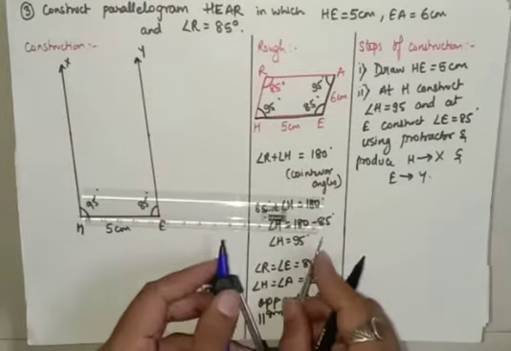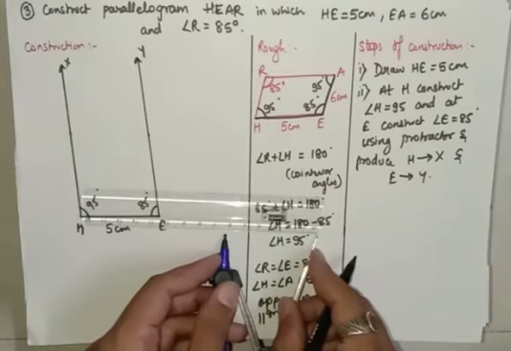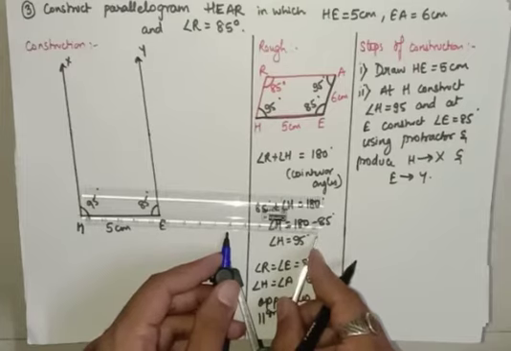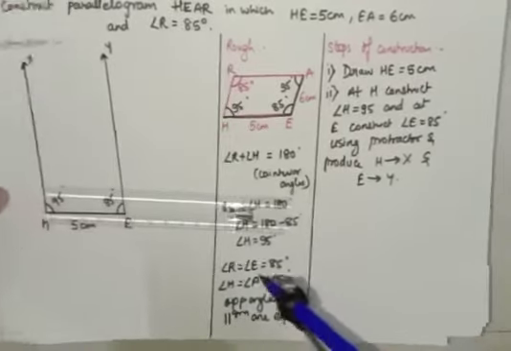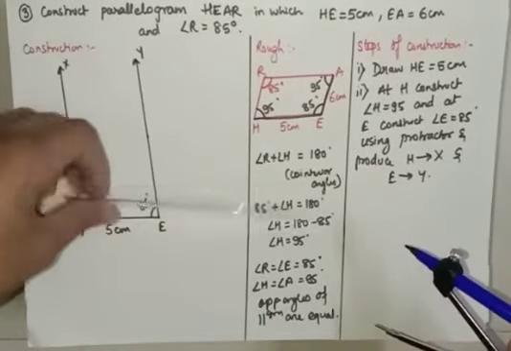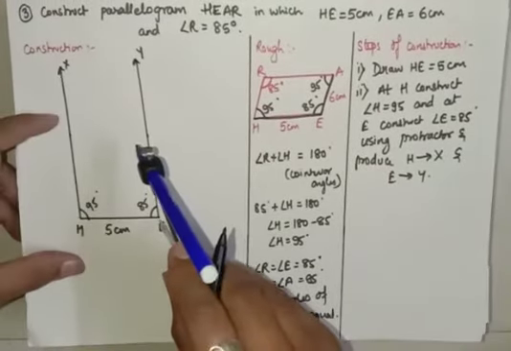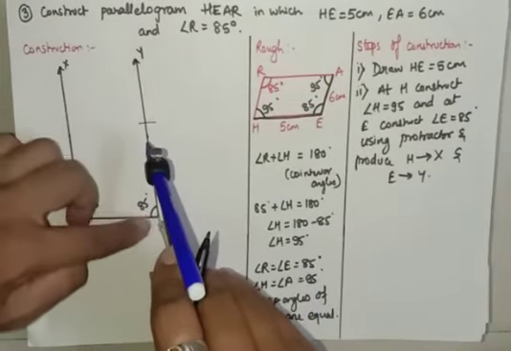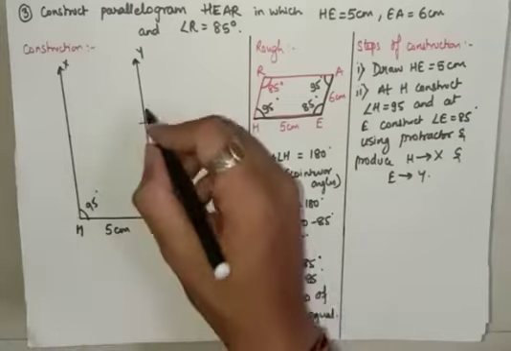Using the compass we need an arc length of 6 centimeter. Keeping at point E, I will draw an arc of 6 centimeter which intersects this EY produced at point A.